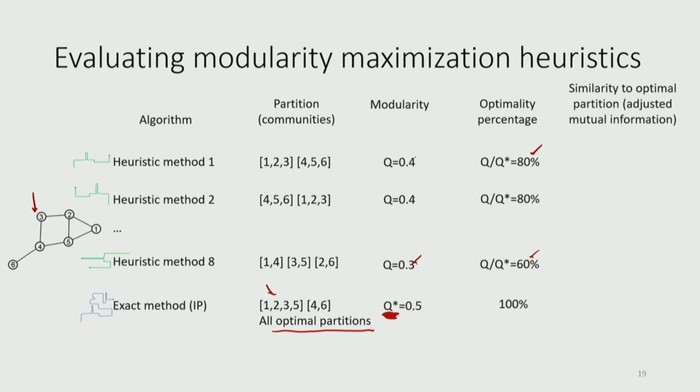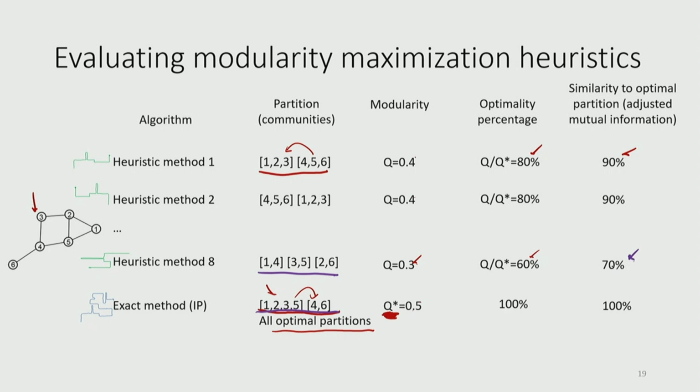This is one measure of performance in terms of optimality, in terms of the objective function. Another performance measure is by comparing the partition that it gives. So this is the partition we get from method 1, and this is an optimal partition. We look at the similarity between these two using AMI, adjusted mutual information. Let's say the similarity here is 90% because only one node is different between these two. But the similarity between this and this is lower.